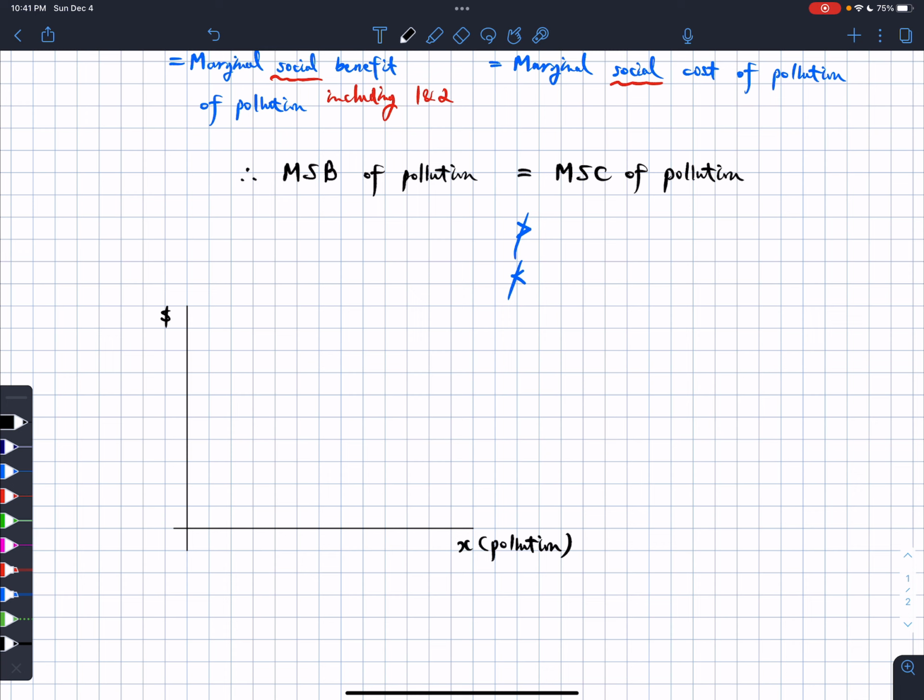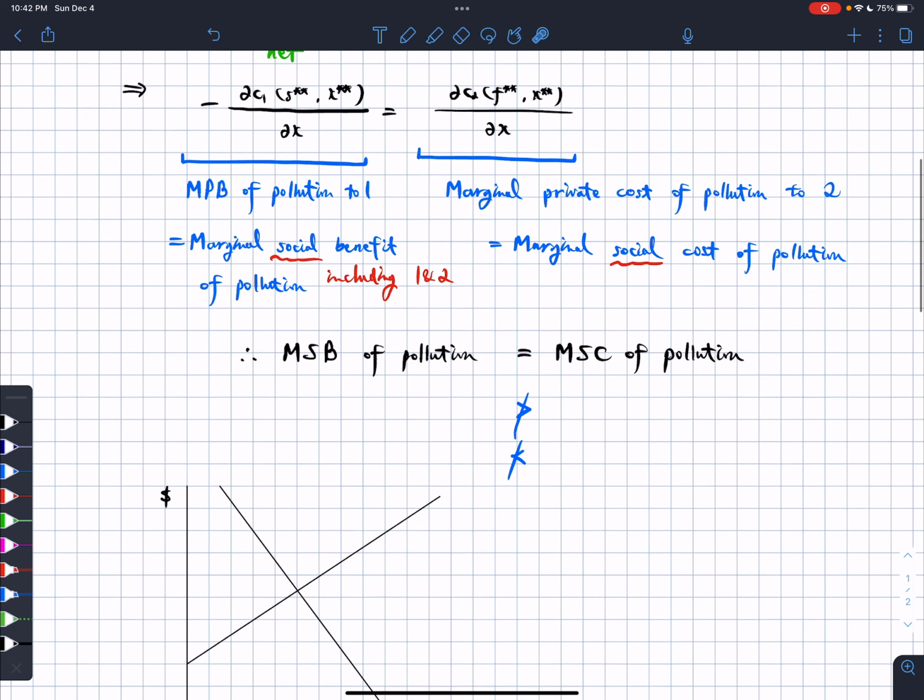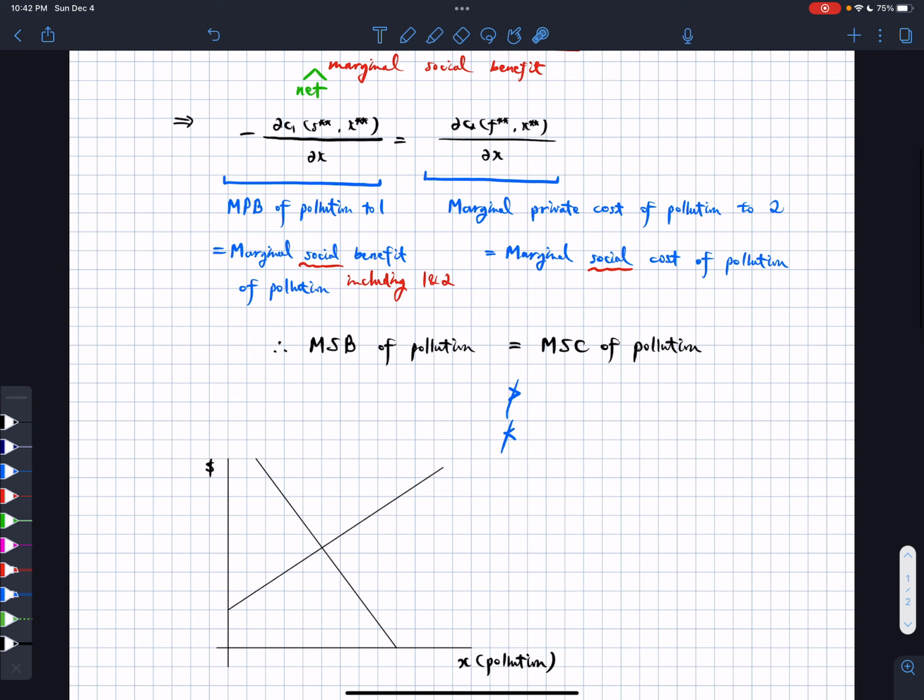So we would have these two curves, and let me make them intersect here. I'm trying to indicate marginal social benefit and marginal social cost in this space.